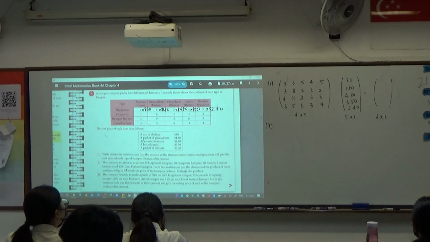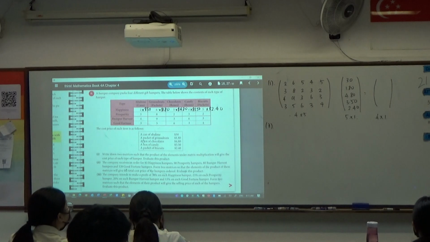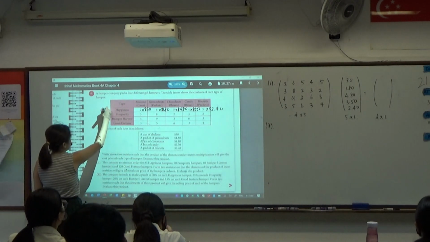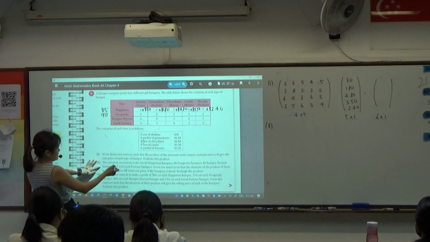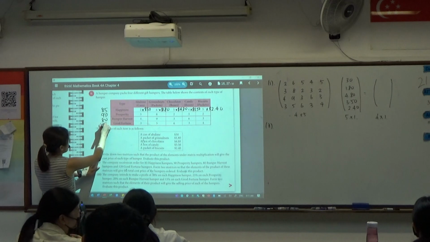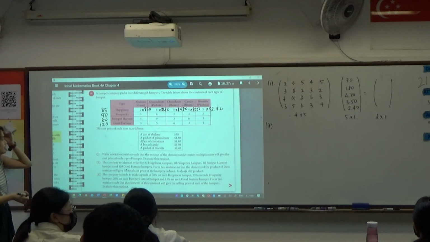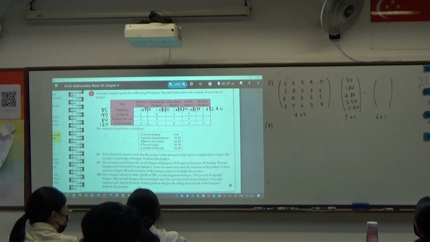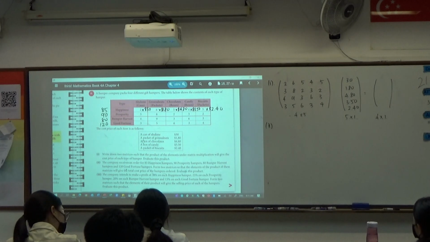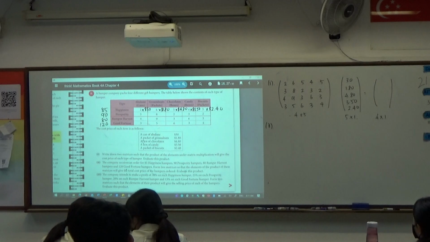Then the company receives an order for 85 happiness hampers, 90 prosperity, 80 bumper harvest, and 120 good fortune. Form two matrices so that the elements of the product of these two matrices will give the total cost price of the hampers ordered.